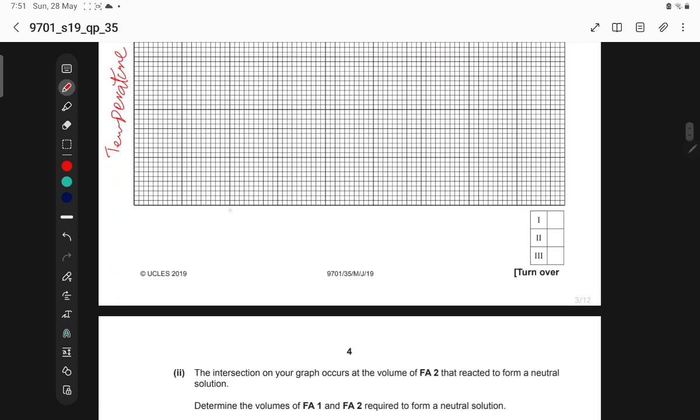So now, on the y-axis, write down temperature, degree centigrade, and along the x-axis, volume of Fa2 in centimeter cube.